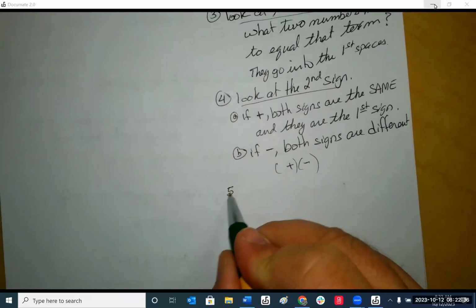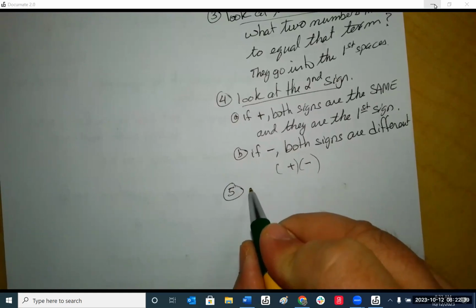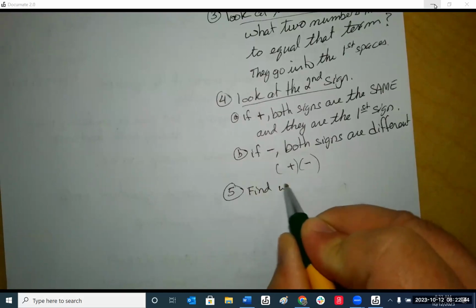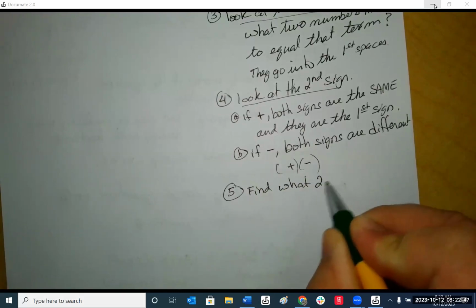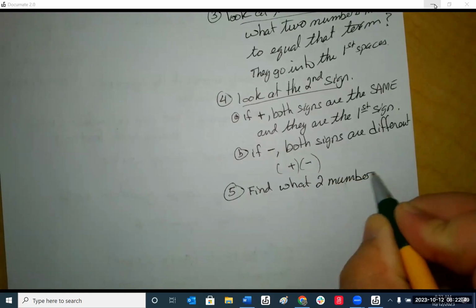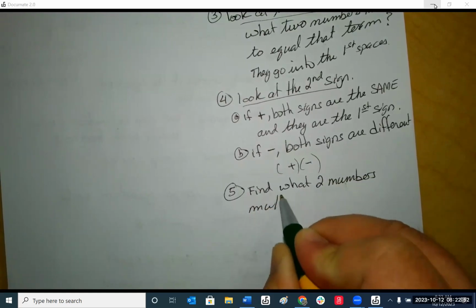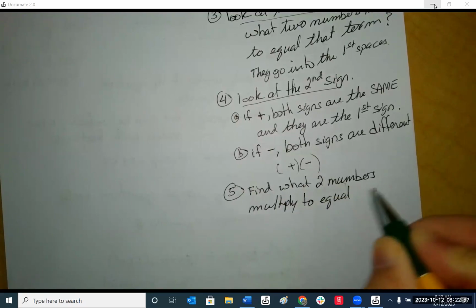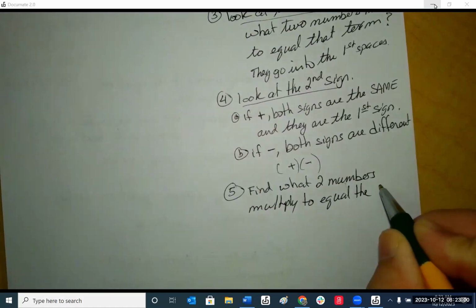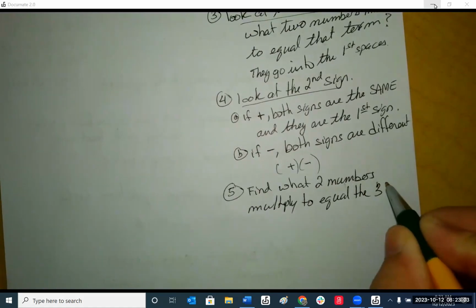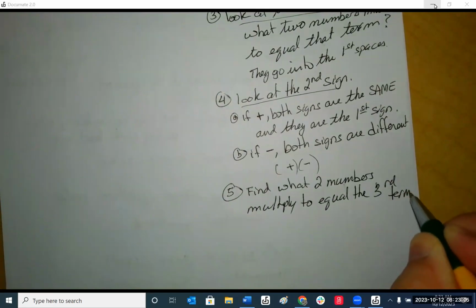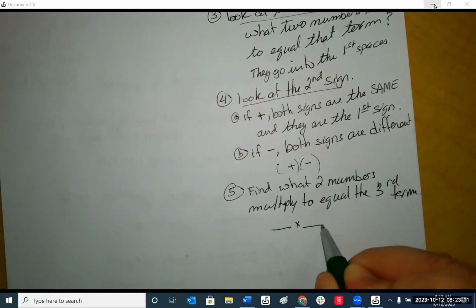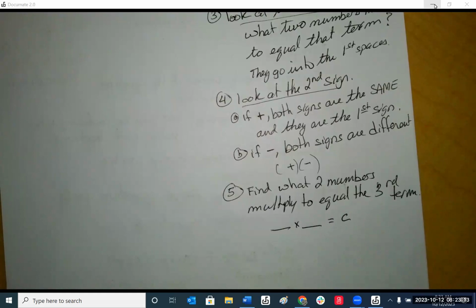Third step. Find what two numbers multiply to equal the third term. So we're doing what times what is equal to that last term, the C number.